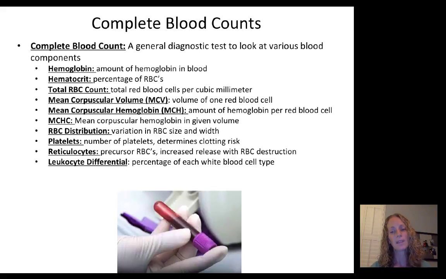It will be increased with red blood cell destruction as new red blood cells will be released in their immature form. Then you can get your white blood cell counts in your leukocyte differential. And that's where you want to remember never let monkeys eat bananas, so you can look at the percentage of each white blood cell type and when that is altered.